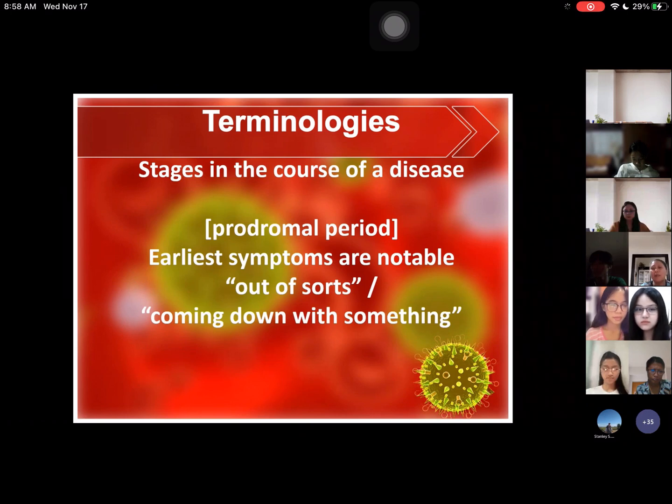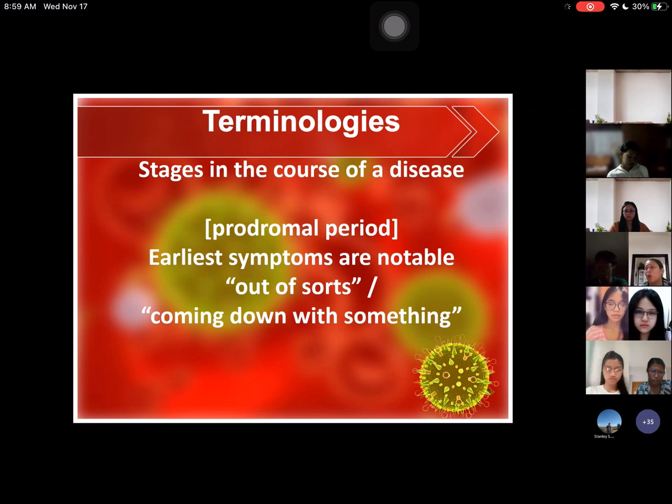The second period or stage is the prodromal period. This is the period where the earliest symptoms are notable, but you are actually out of sorts. You are coming down with something, you don't know what it is. You have those earliest symptoms, like the ones I mentioned earlier: malaise, fatigue, fever, but you don't know what it is.